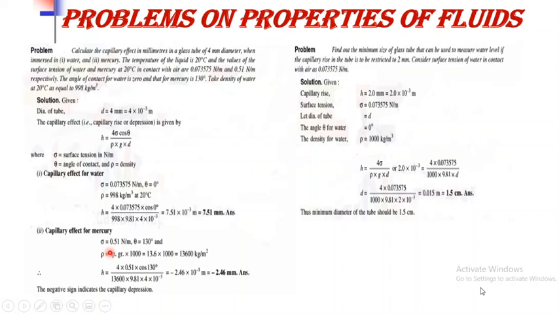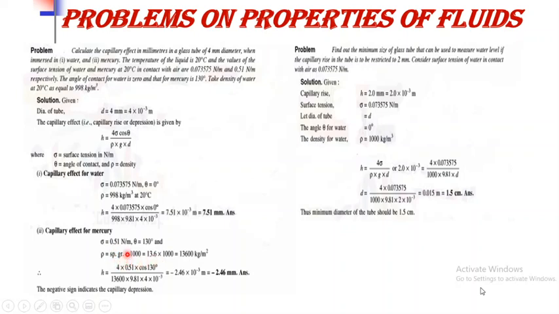So here, calculating the capillary effect, the sigma is known, the value of theta is known. So here we can calculate the mass density of our mercury by using the specific gravity. So here the value of specific gravity for the mercury should be known, and that is 13.6.